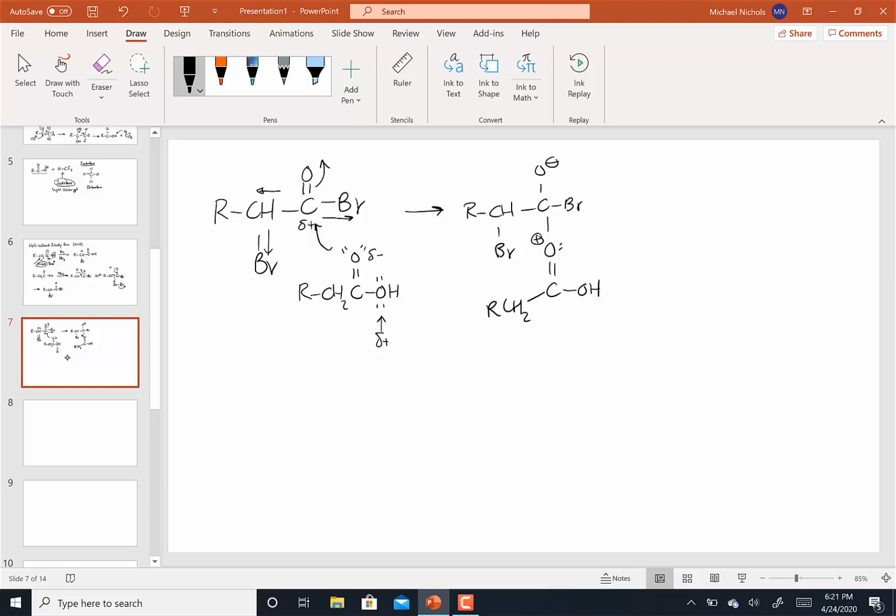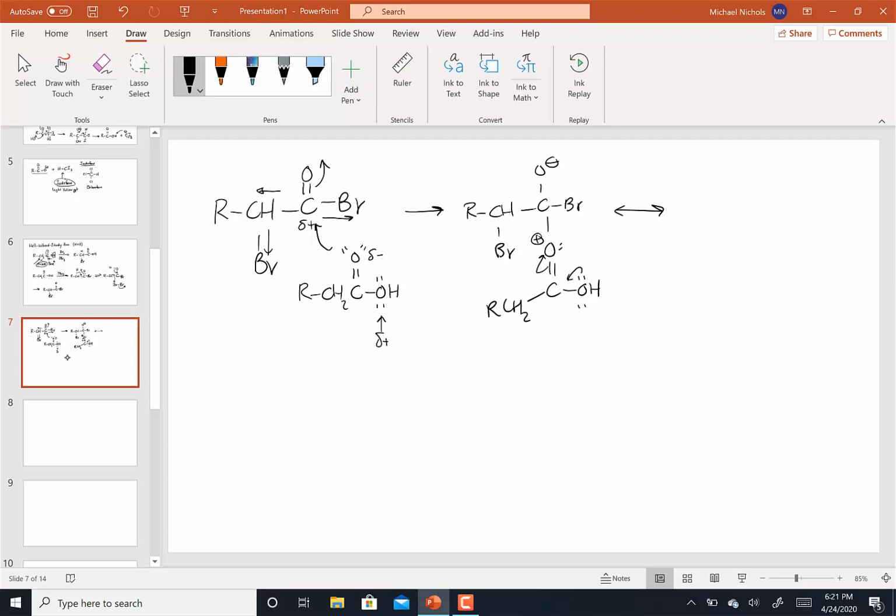Now that's not a great structure, so let's go ahead and draw the resonance structure for this. The resonance structure would be to say, you know what, I'm going to take a pair of electrons from the OH and give my pair of electrons to the oxygen.